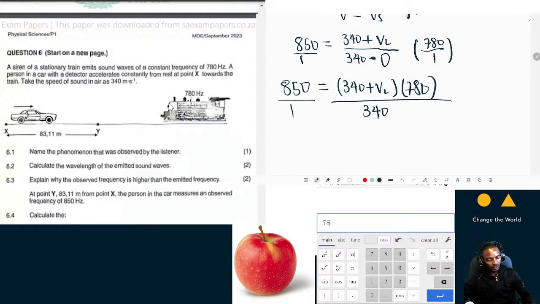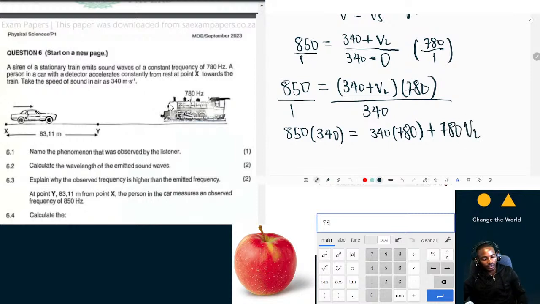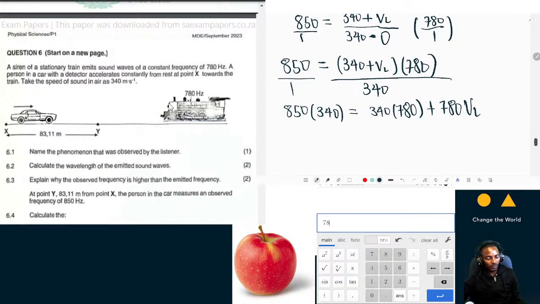All right. Then we need to cross multiply. Then we're going to have 850 times 340, which is equal to 340 times 780 plus 780 times the velocity of the listener. So we recall our distributive law from mathematics.